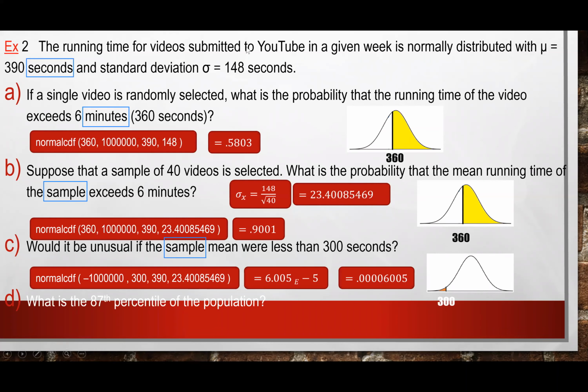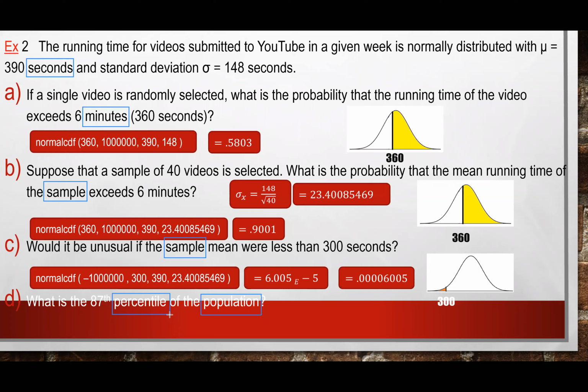And hopefully you spot the difference once again. What do they have here? First of all, they give you the percentile, so you know that you have to find the actual second for this video. Because they give you the percentile of the population, what kind of standard deviation am I using?